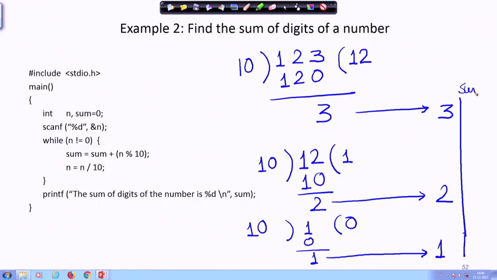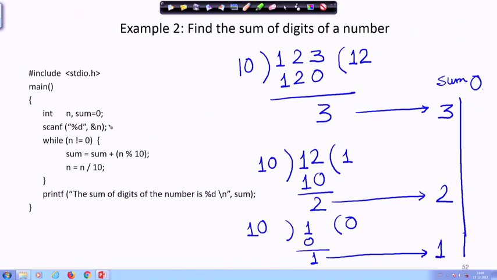So, I keep a variable sum which is initialized to 0, as we saw in the earlier examples, and sum is also an integer.